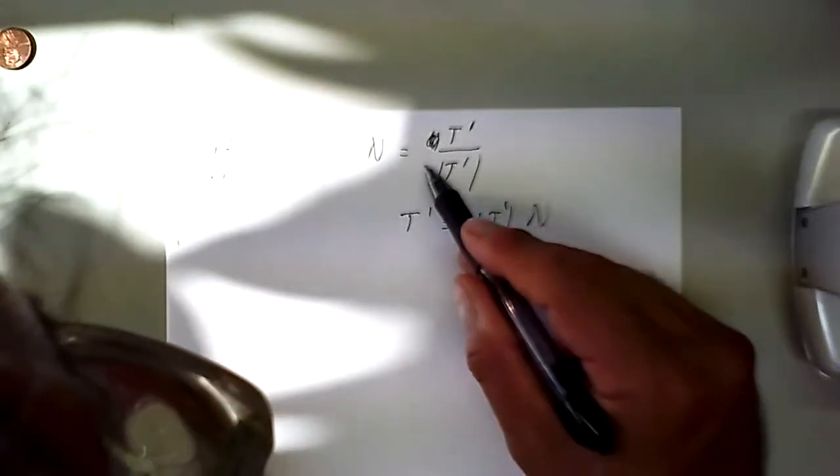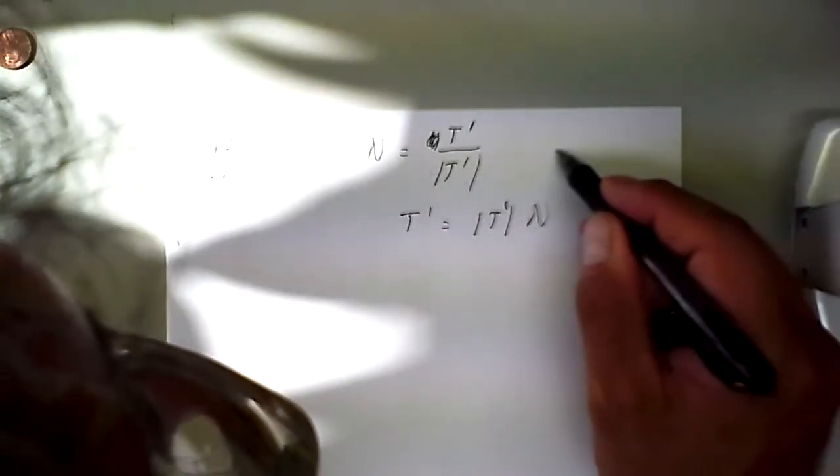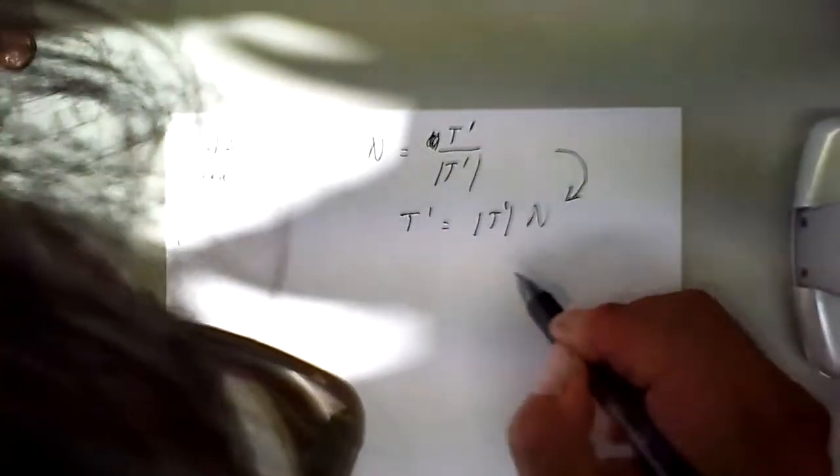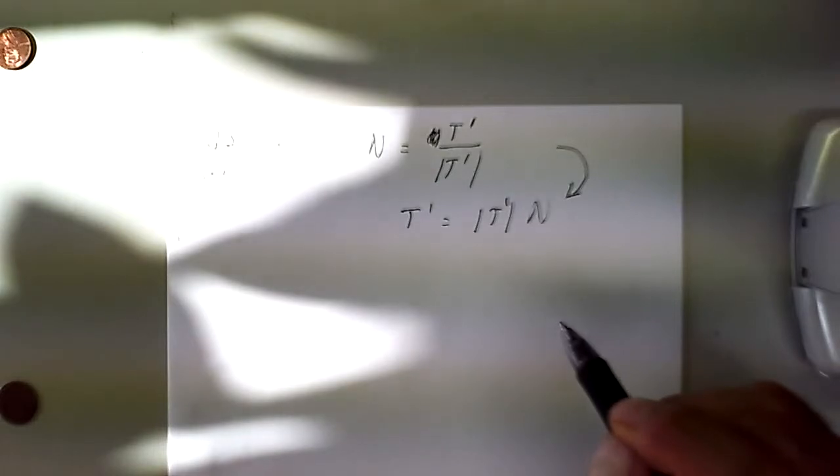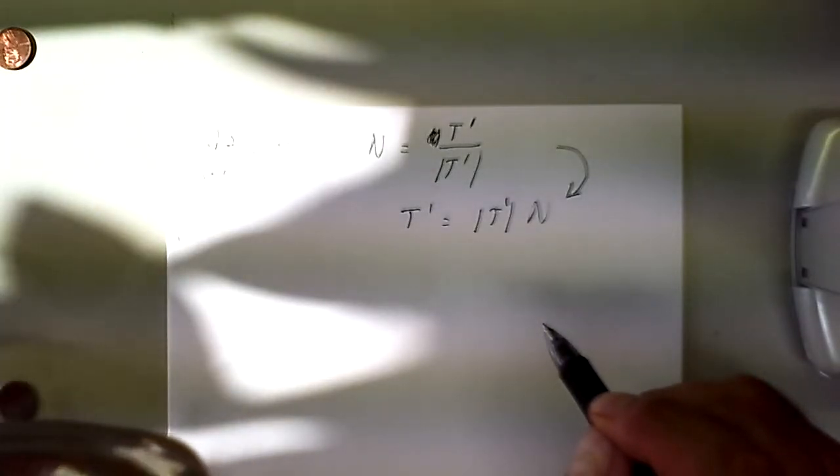So if we multiply this equation by the denominator, we end up with that. There's one more link we need before we start putting our formula together.